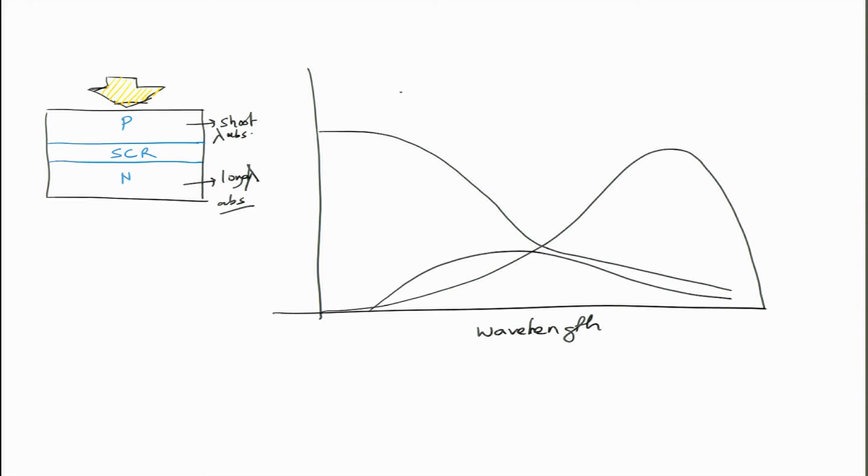Okay. And the overall quantum efficiency will be, if I now plot the overall, this will be overall quantum efficiency. So, this is QE overall, this is from top, this is from bottom, and this is from the space charge region.